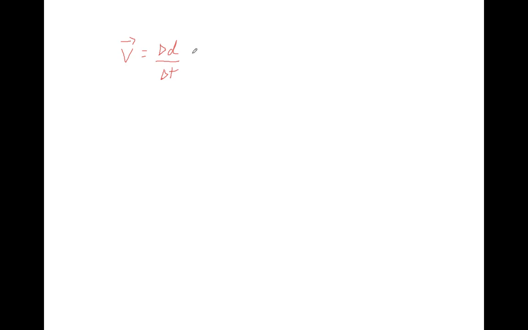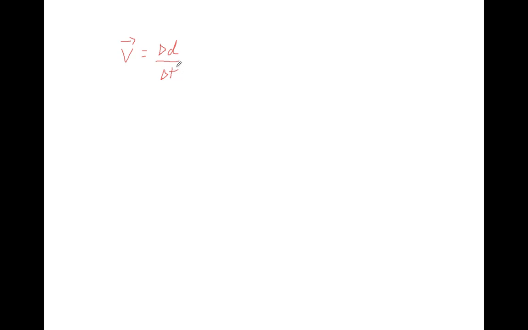Now, if we're solving for displacement, we have to get delta d by itself on the left-hand side of the equation. What we do to one side of an equation, if we do the same thing to the other side, the equation stays equal and it's still the same equation.